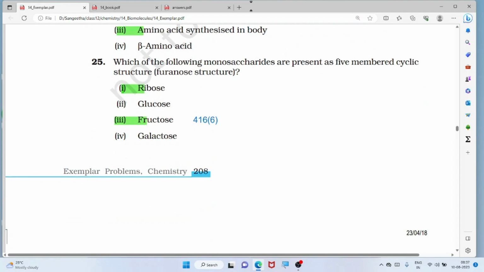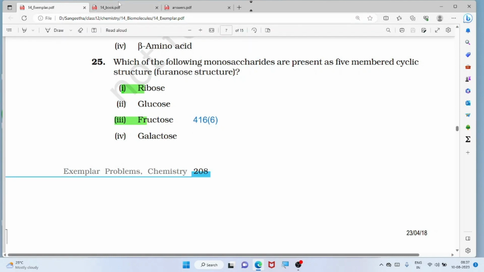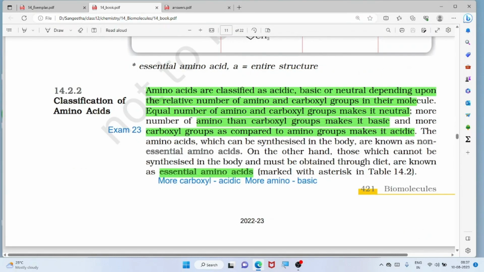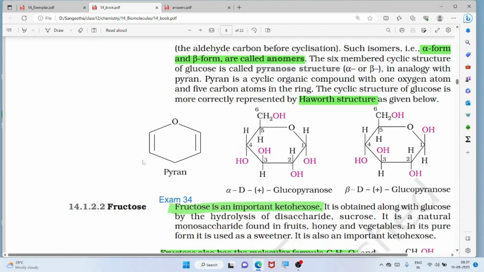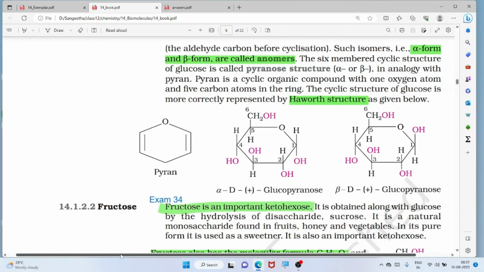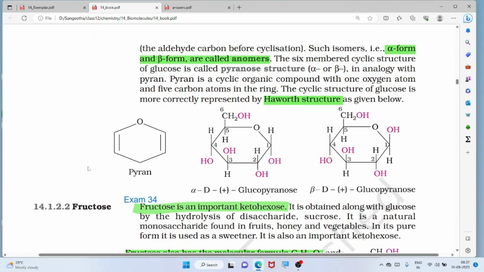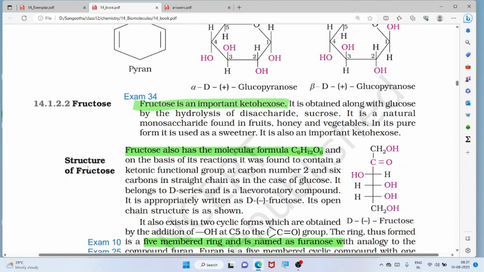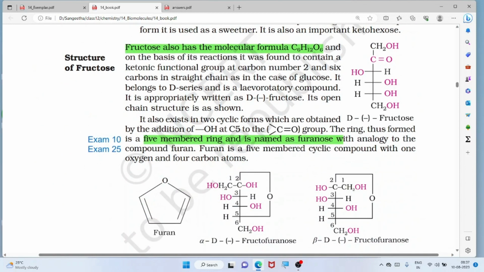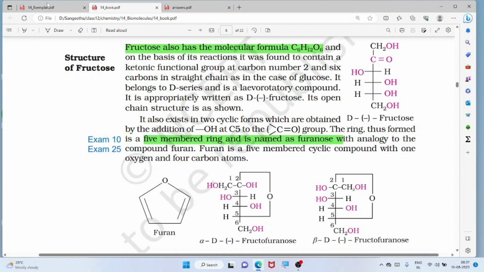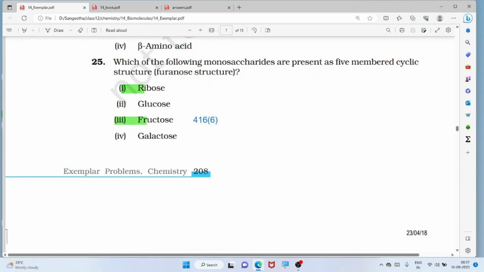Which of the following monosaccharides are present in the five-member cyclic structure? Fructose and ribose.